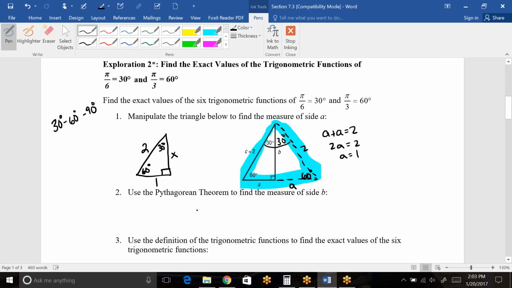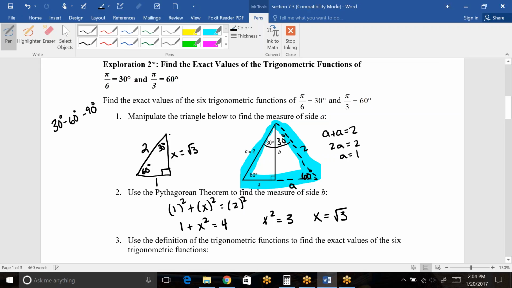So for side B, we would have 1 squared plus x squared equals 2 squared. 1 plus x squared equals 4. Subtract over the 1 and you get 3, and so x equals the square root of 3.